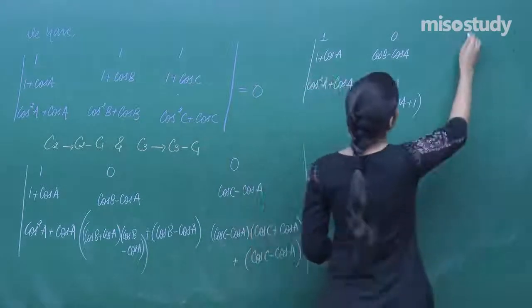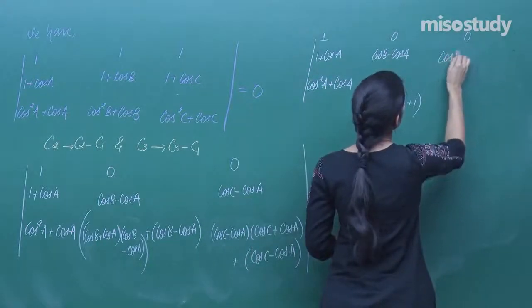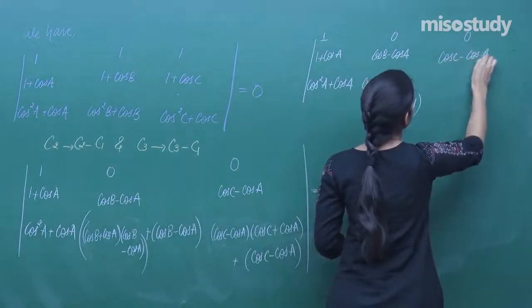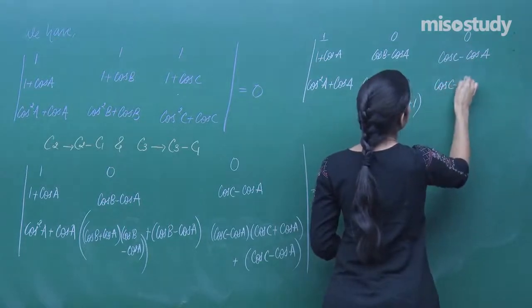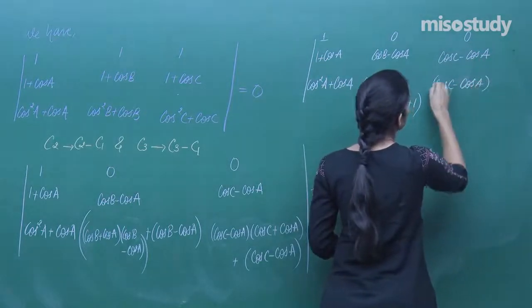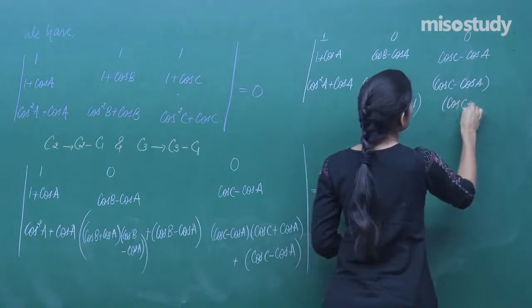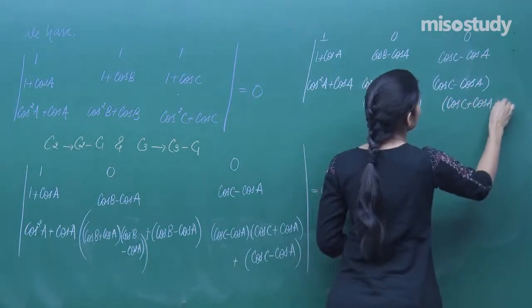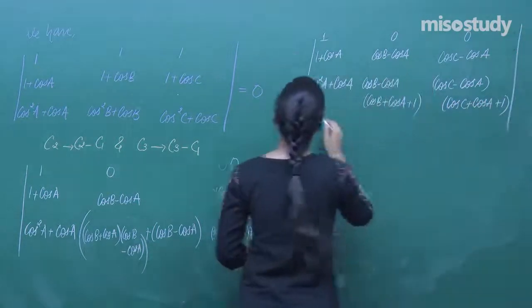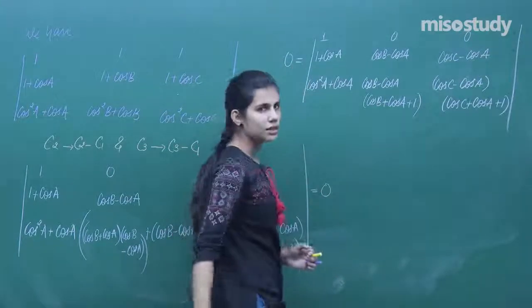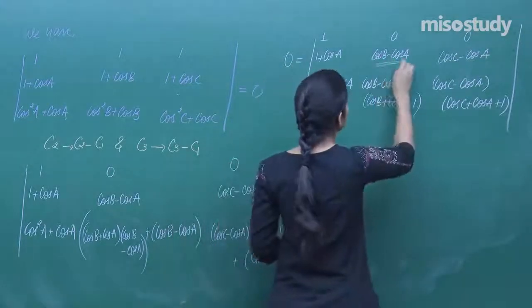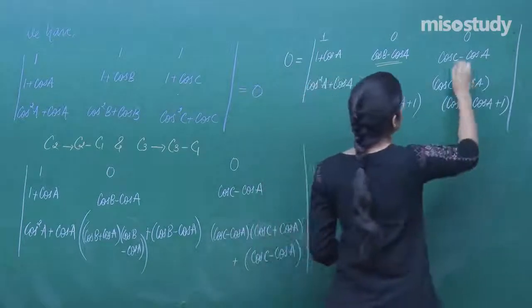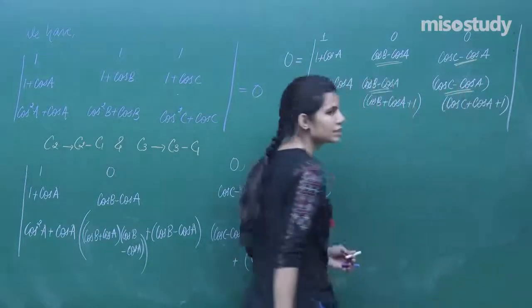Similarly over here you have 0, cos C minus cos A, and again I am taking out cos C minus cos A common. Inside you are left with cos C plus cos A plus 1, and this is given to be equal to 0. You can clearly see cos B minus cos A is common in the second column, cos C minus cos A throughout is common in the third column.